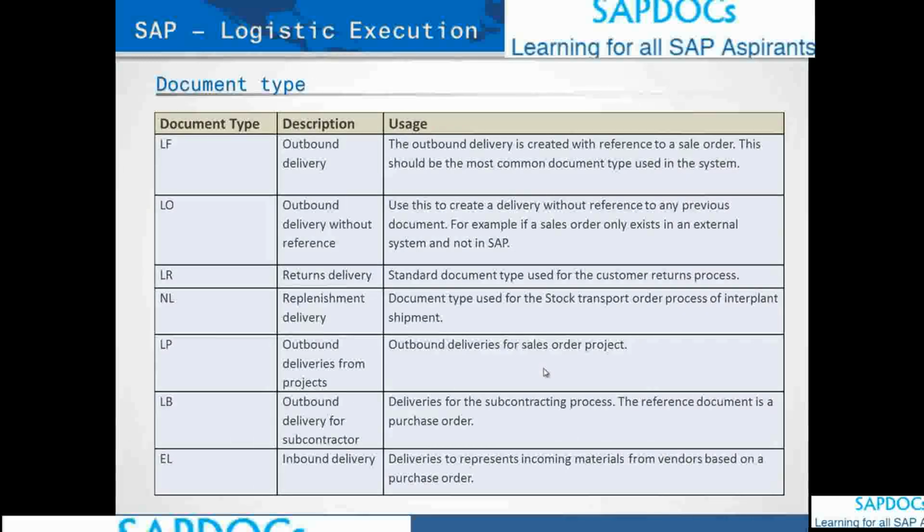Okay, so we know that a particular document type represents, in effect, a process. So one particular document type will represent how a process works. For example, the document type LF here at the start represents an outbound delivery, and it's created usually with reference to a sales order.